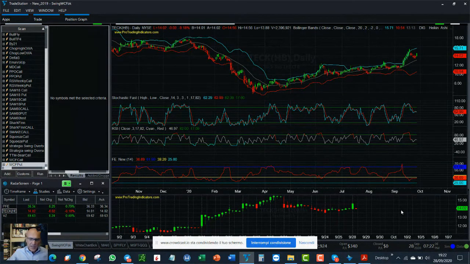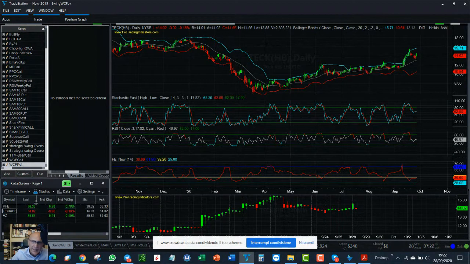Okay, so once we spot our candidate, we have to choose the right instrument, right? If we spot bullish criteria, we are going to use a call option.